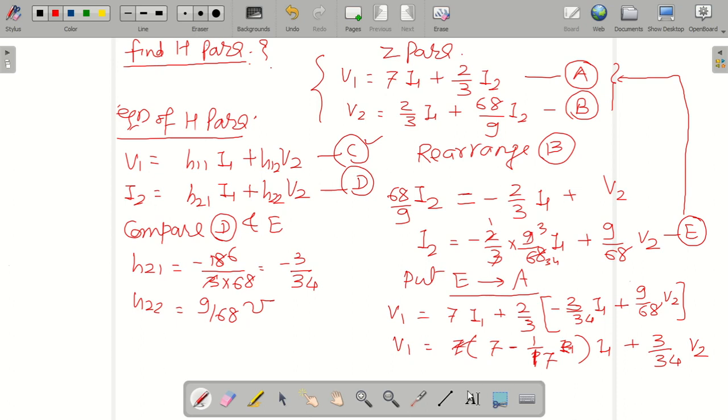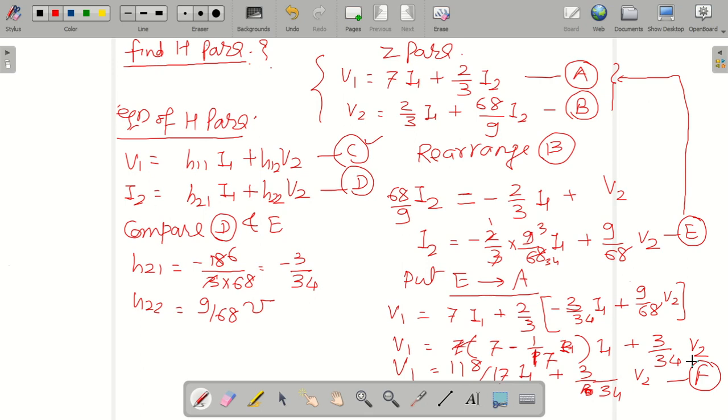So I am getting 17 into 7, just wait, 7 into 17 minus 1 equal divided. So I am getting 118. V1 equal to 118 upon 17 I1 plus 3/34 V2. Equation number F.